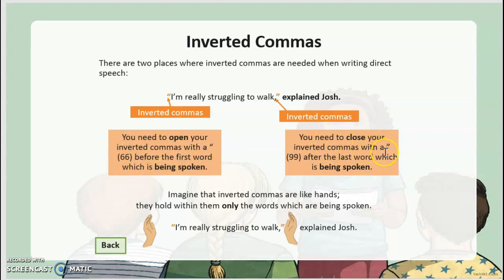And then you close it with inverted commas that look like that after the word which is being spoken. So imagine that the inverted commas are like the hands that only hold the words that are being spoken. And the hands also hold the punctuation as well.